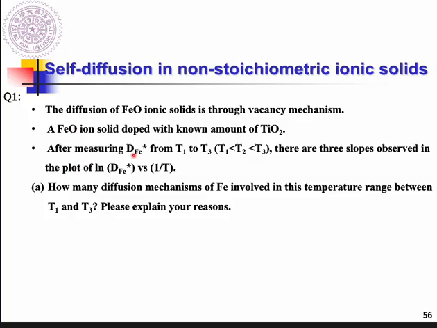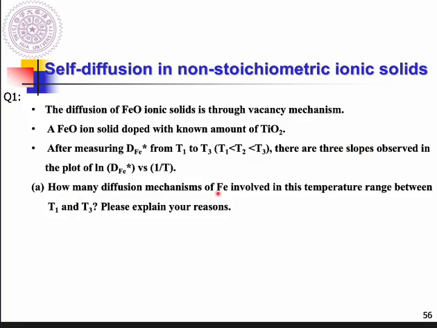After we measure the diffusivity of the iron ions from T1, T2 to T3, we visualize that three slopes are observed in this plot, which is log D versus 1 over T. Based on this, you can write down three slopes, which means that from T1 to T3 three diffusion mechanisms are involved.